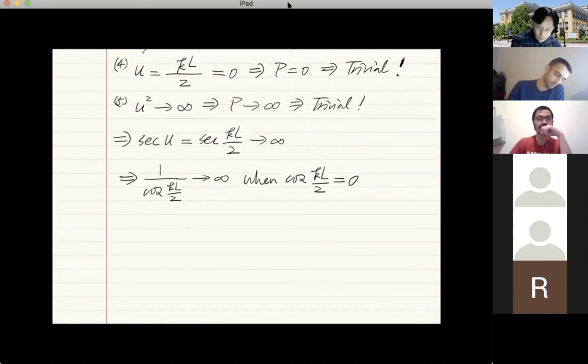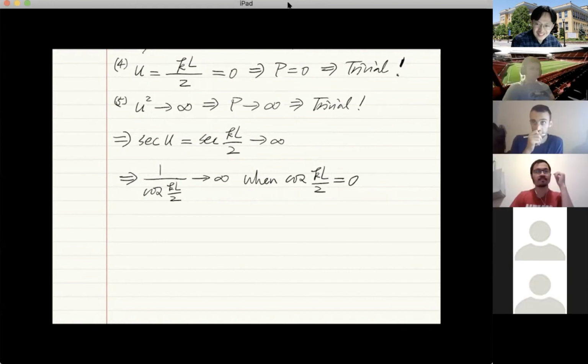When cosine is 0, right? Pi over 2. Cosine 0 is not 0. Cosine 0 is equal to 1. What will be the case when cosine is 0? When KL over 2 is equal to pi over 2.